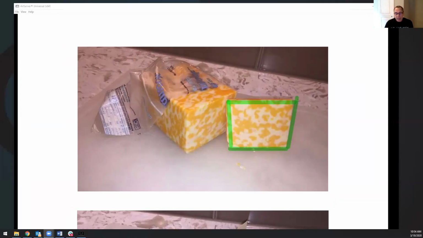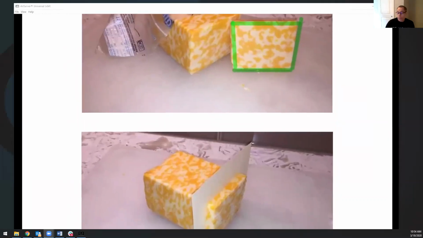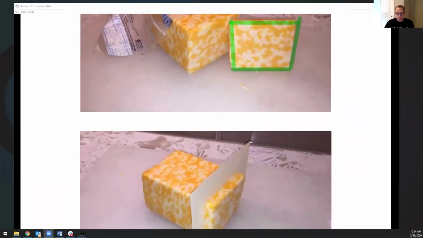As you can see here, I slice this log of cheese, and this green outline shows a sort of rectangle, but probably more like a trapezoid, and it would be the result of the cross-section of this sliced log of cheese, or even better, rectangular prism of cheese.